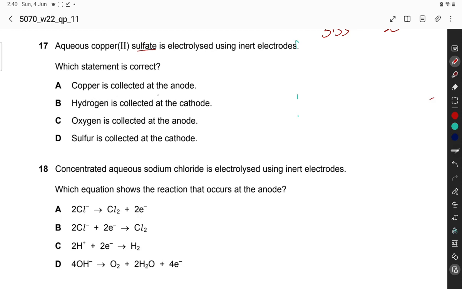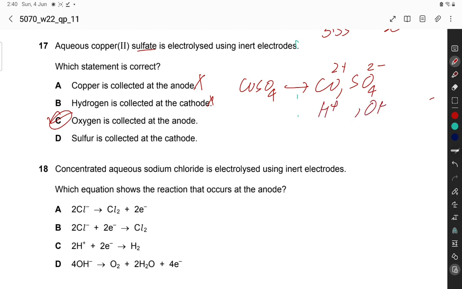Copper is collected at the anode. This is incorrect. Hydrogen is collected at the cathode. No, it is incorrect. Oxygen is collected at the anode. Yes, because we have copper sulfate, 4 ions, Cu2 positive, sulfate ion and H positive, OH ion.